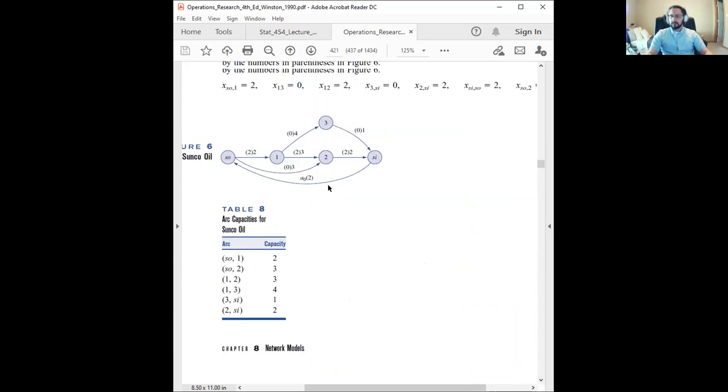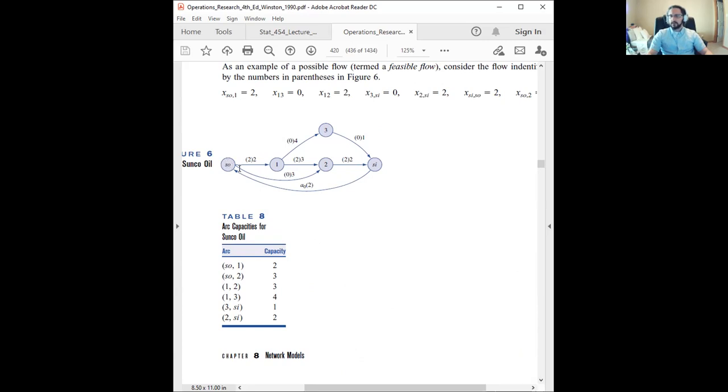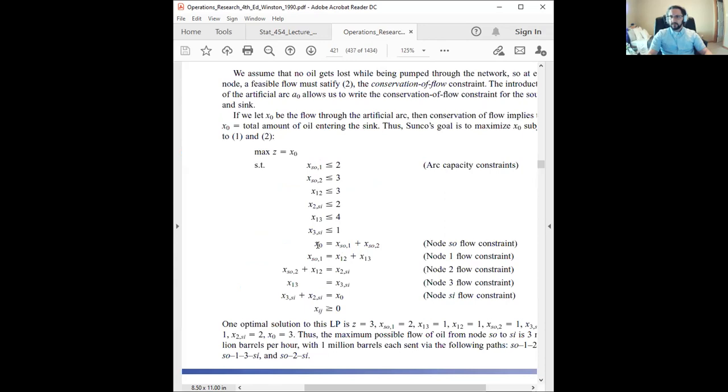That is going to apply for every relationship of nodes. So for source, node 1, node 3, node 2, and the sink. And you can see them appearing right here. Source, 1, 2, 3, and sink, as well as the usual xij bigger than or equal to 0.